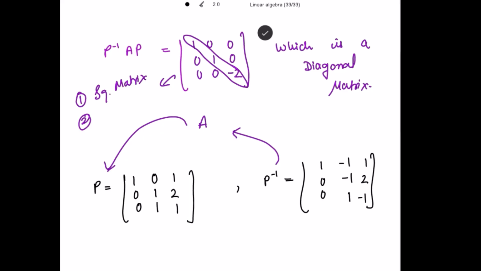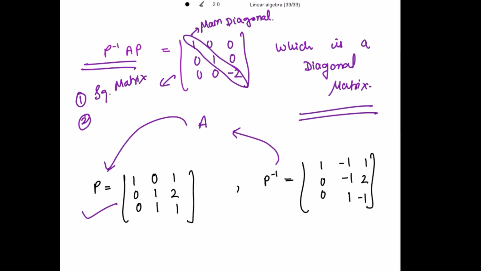Except this main diagonal, all elements are 0, right? So this is your diagonal matrix. So we have found such P from the eigenvectors such that P inverse AP forms the diagonal matrix. So hence we say that this A is diagonalizable.